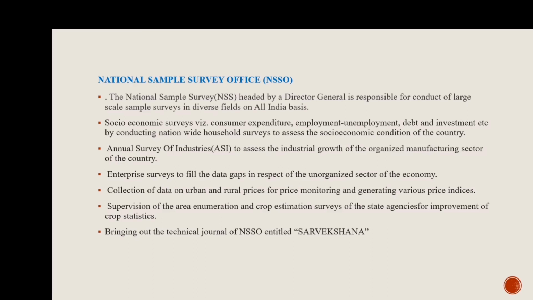Collection of the data on urban and rural prices for price monitoring and generating various price indices. Supervision of the area enumeration and crop estimation surveys on the state agencies for improvement of crop statistics. It is bringing out a technical journal of NSSO entitled Sarvekshana.